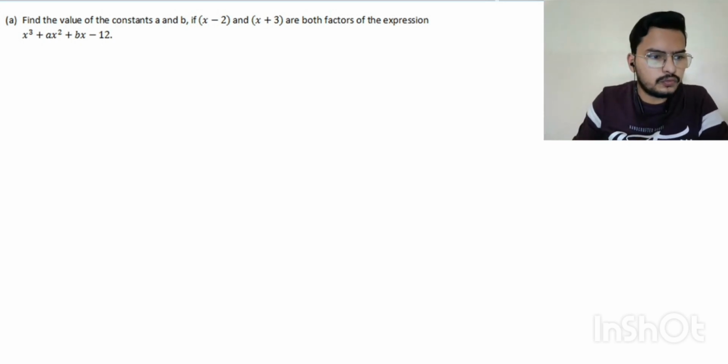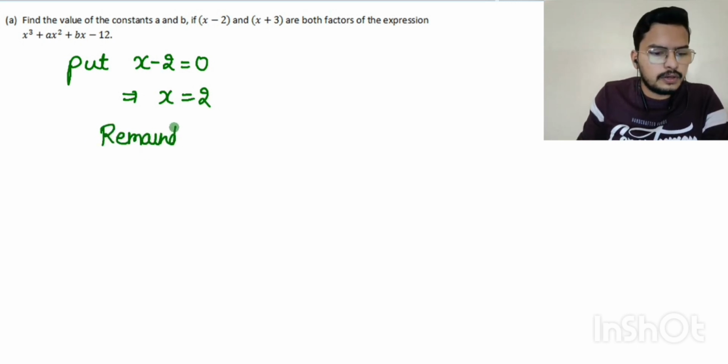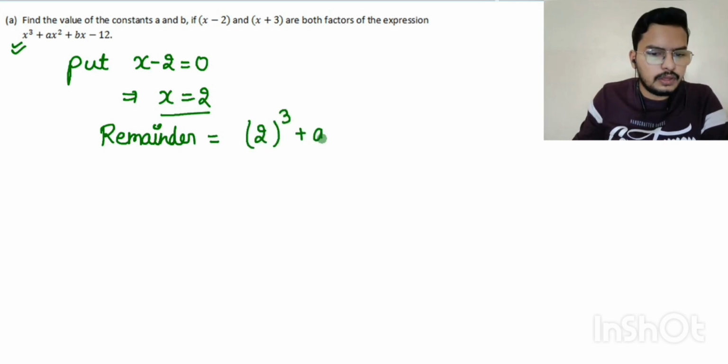So first just put x minus 2 equal to 0, so from here you get x equals 2. So what is the remainder? The remainder you will get by putting x equal to 2 in this expression: 2 cube plus a into 2 square plus b into 2 minus 12, right?